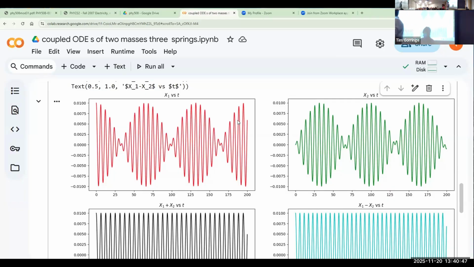You can see here the flow of energy, right? We started off with all the kinetic and potential energy in the mass on the left-hand side. We only displaced it. That energy with time flowed to the mass on the right-hand side, and at this moment of about, I don't know, 30 seconds, the energy is all in the mass on the right-hand side.